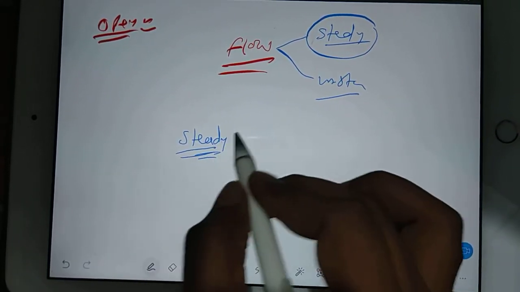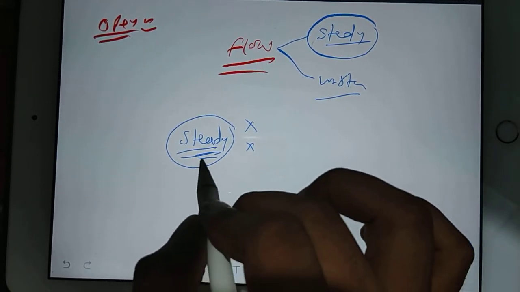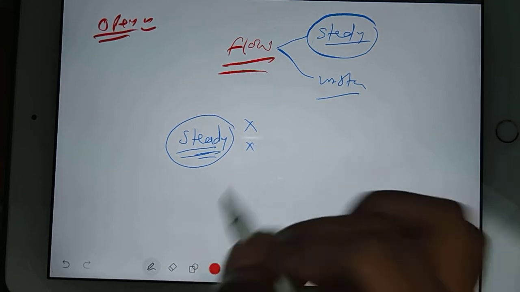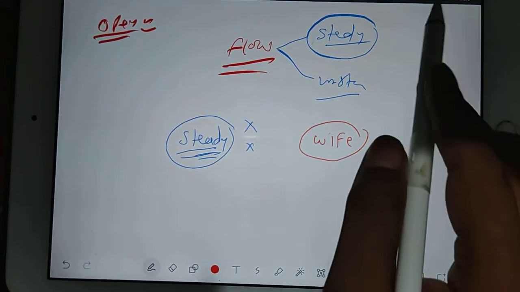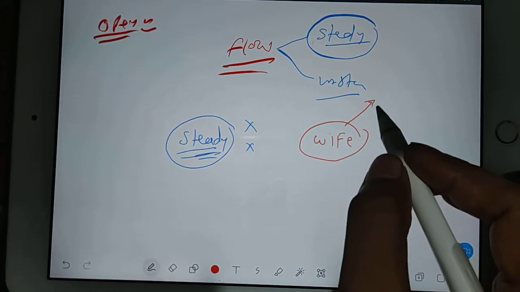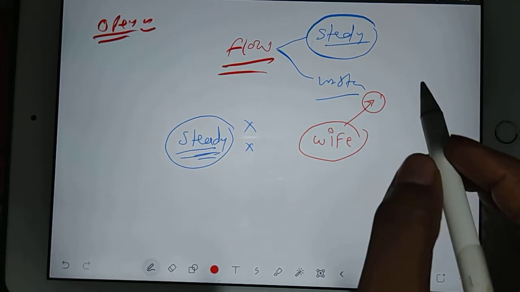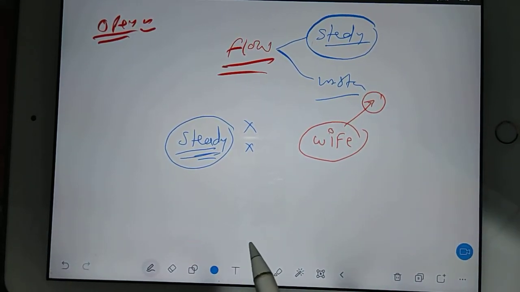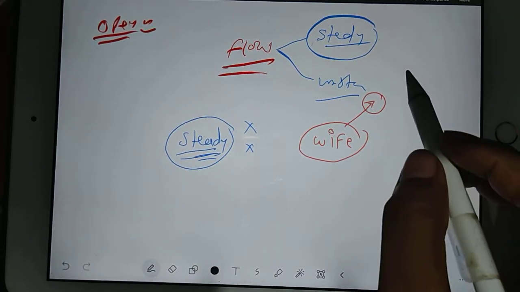means something is steady. Steady means things will not change with time. Okay? For example, wife. Are you getting my point? Before you are married, I mean, yes.